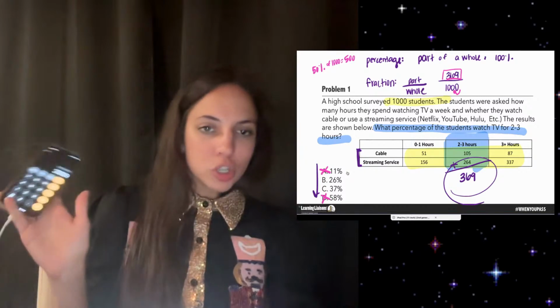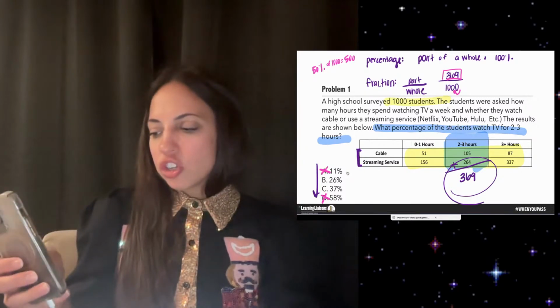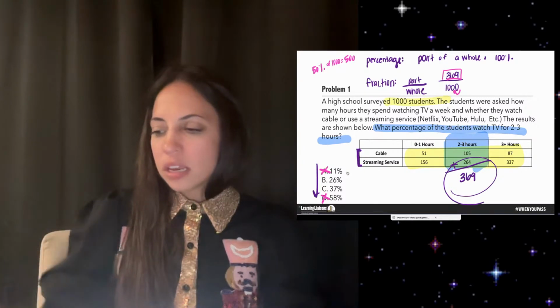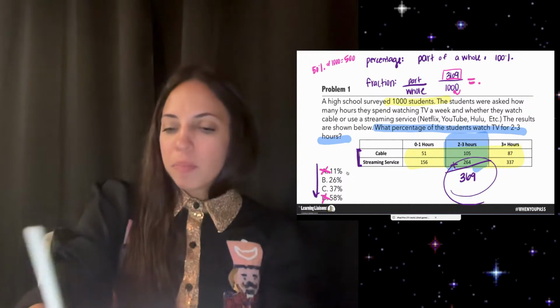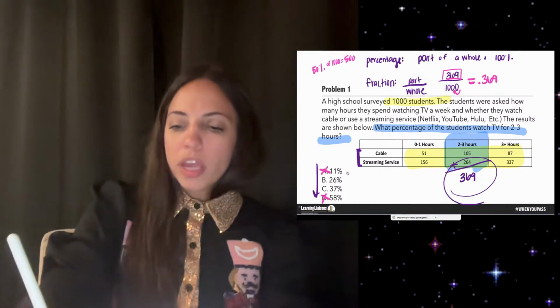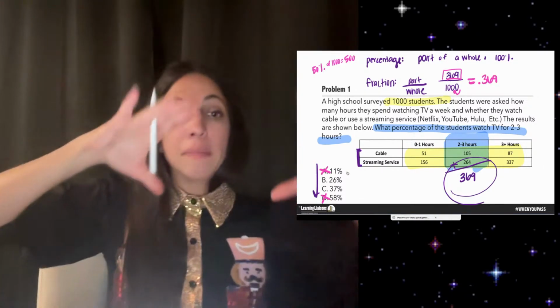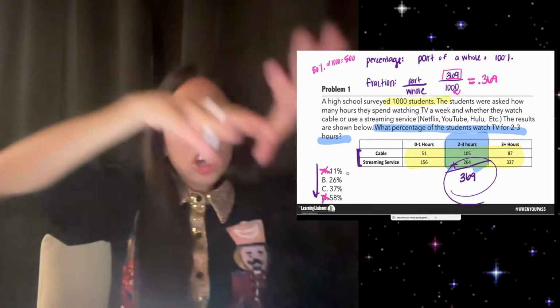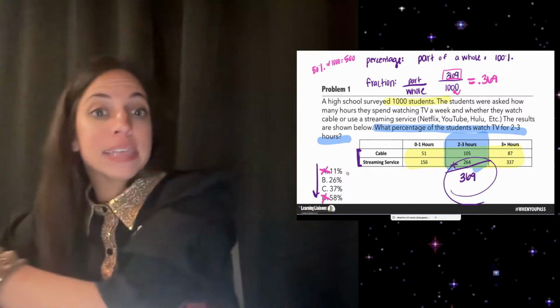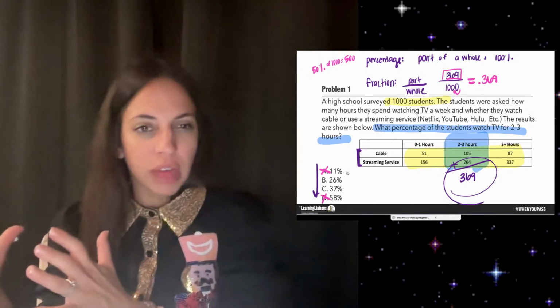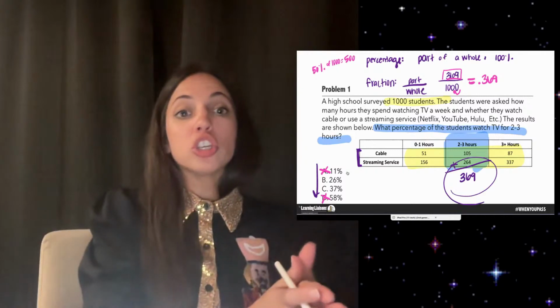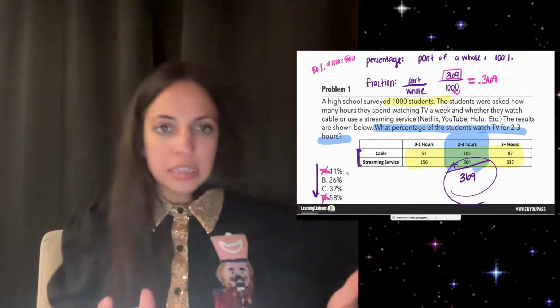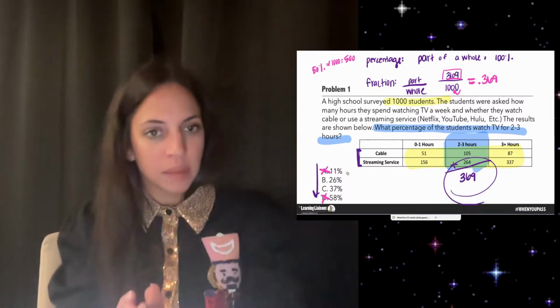The real way we can do it is use a calculator and just do 369 divided by 1,000. And that's going to give me 0.369, which, how do I convert? So I'm now converting a fraction to a decimal to a percent. How do I move through that continuum? I'm going to divide the fraction into each other, and that's going to give me the decimal.